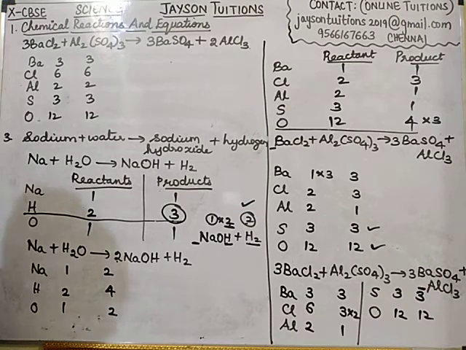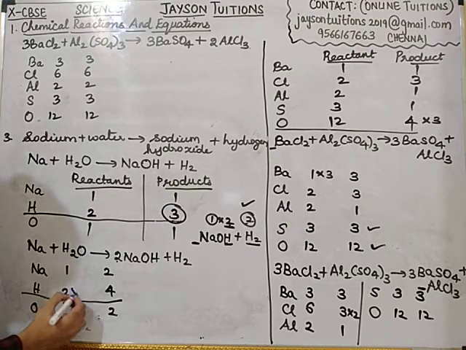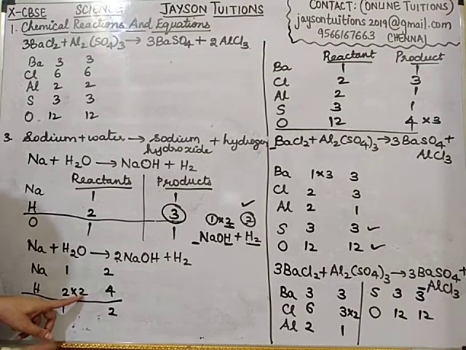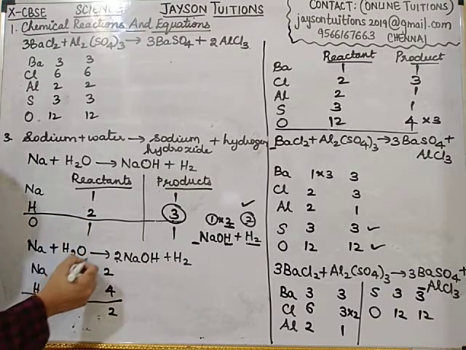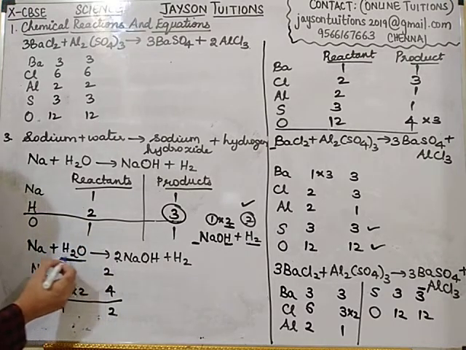Now you have to balance the greater number. So which is the greater number here? 4 and 2. So can I balance this by multiplication? Yes, into 2. So which side do I have to write this 2? In the reactant side, where hydrogen is present. So this is the reactant side. Here only hydrogen is present.